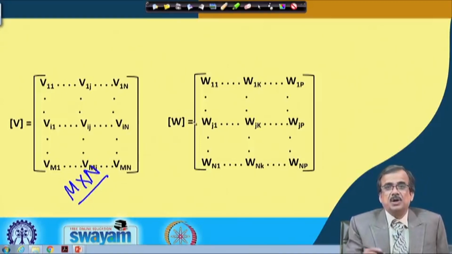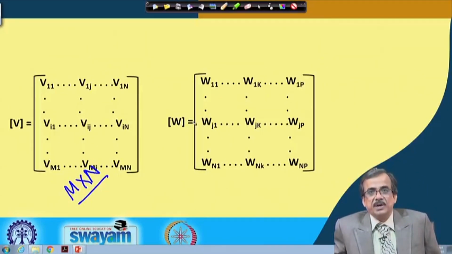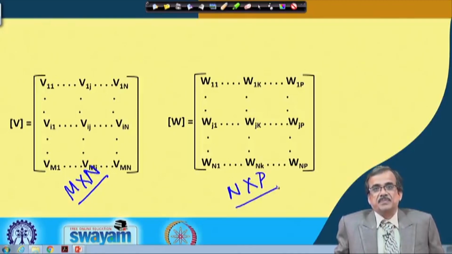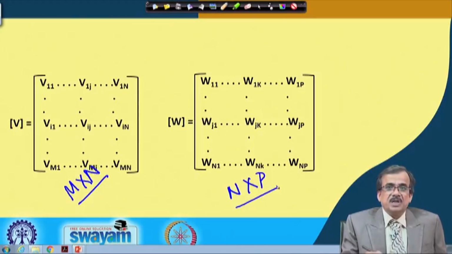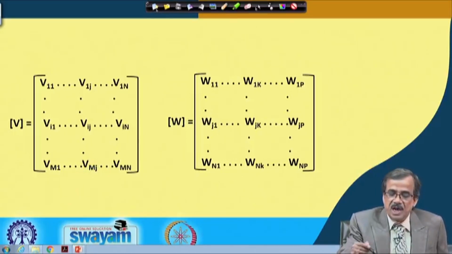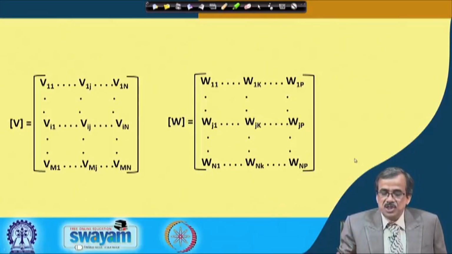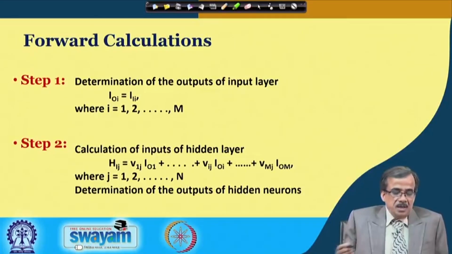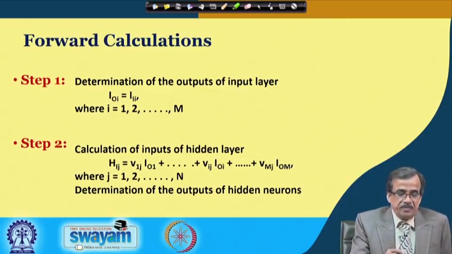This W matrix is the connecting weight matrix between the hidden and the output layer, and this is an n cross P matrix. As I told you, initially these are generated at random, and through a large number of iterations these connecting weights will be updated. Now, let us see how to carry out the forward calculations.